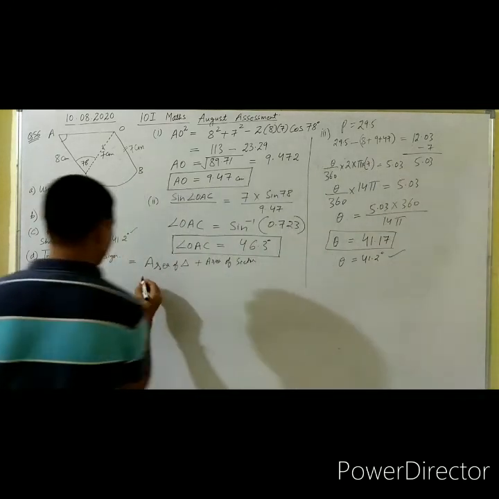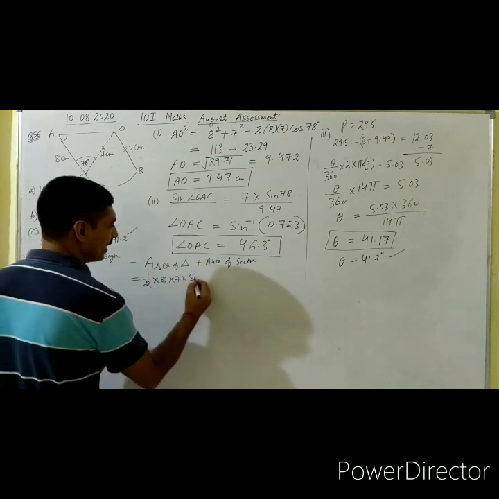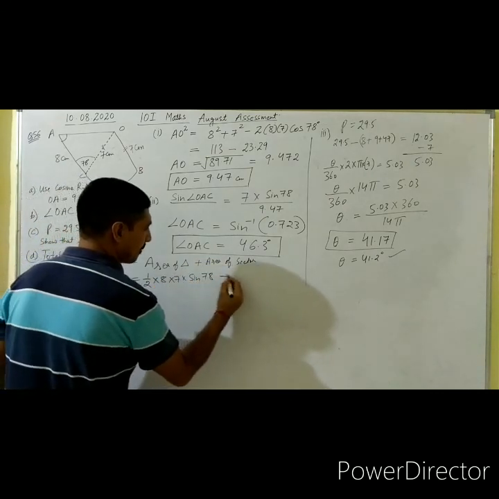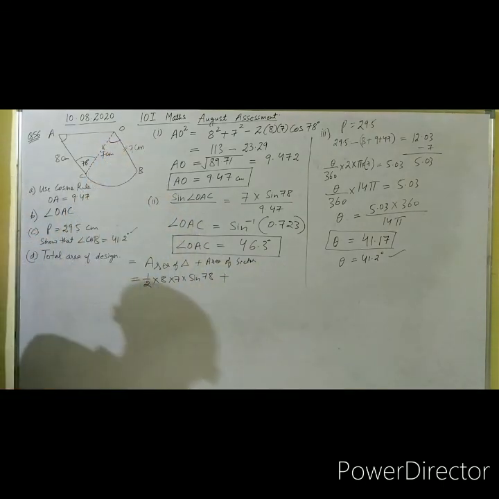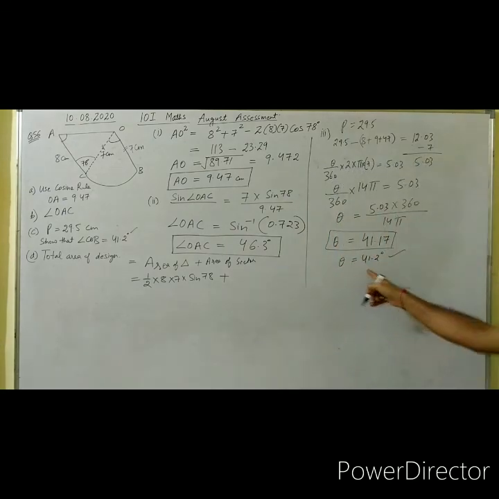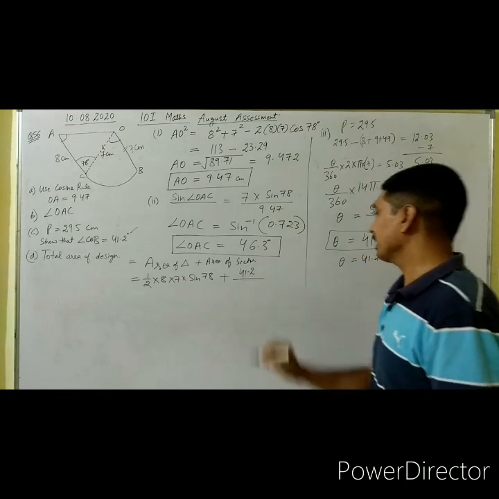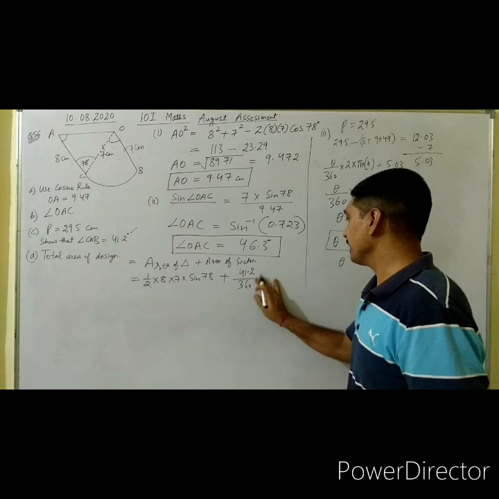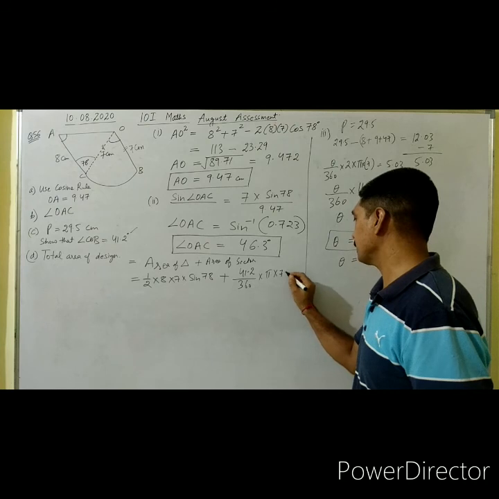So this area is half into 8 into 7 into sine of 78, plus the area of the sector, which is theta upon 360 into pi r square. Theta is 41.17, so 41.2 divided by 360 into pi r square, r is 7 into 7.